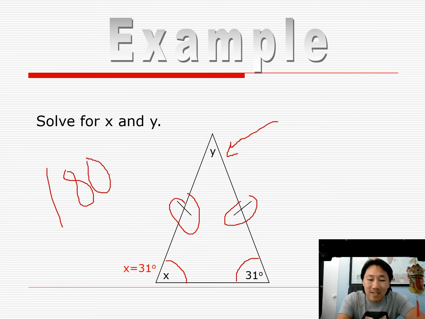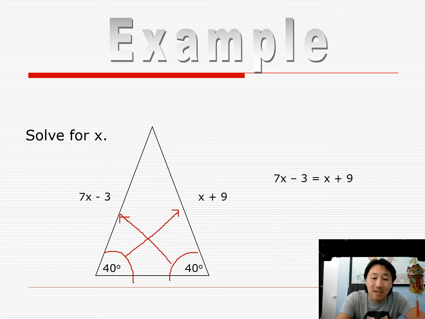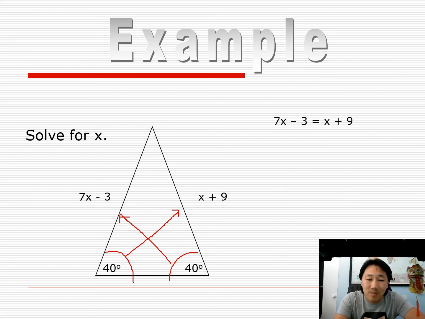If we subtract 31 and 31 from 180, we get 118. Clearly, this triangle is not drawn to scale, but that's fine. Here's another example. Notice the two angles are the same. That means the two sides are the same. So we can set them equal to each other, use a little bit of algebra, and you should get x equals 2.